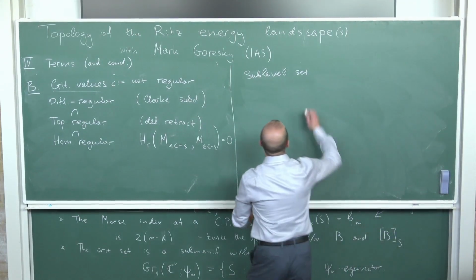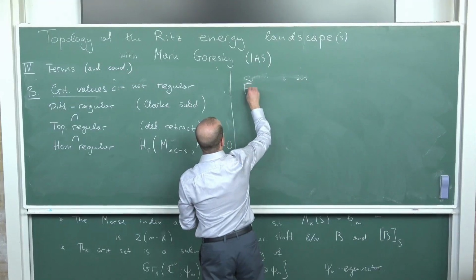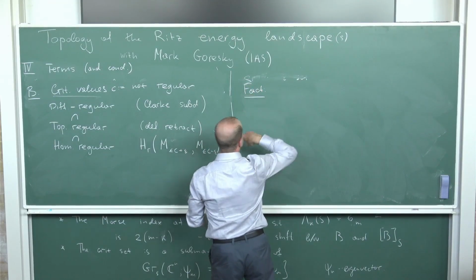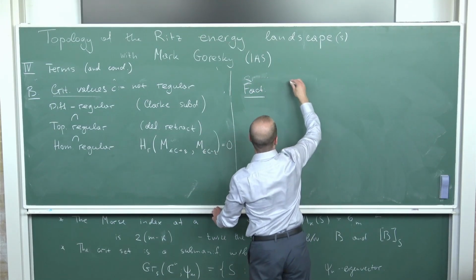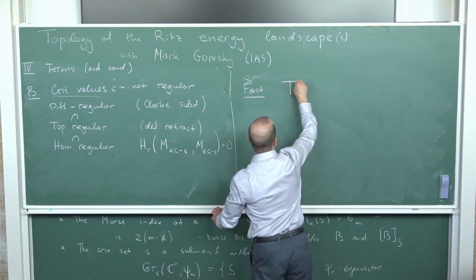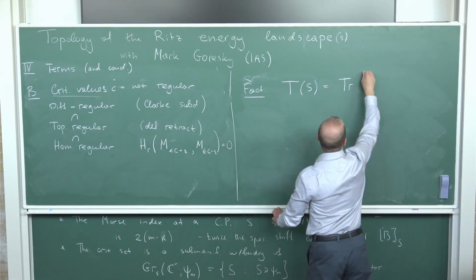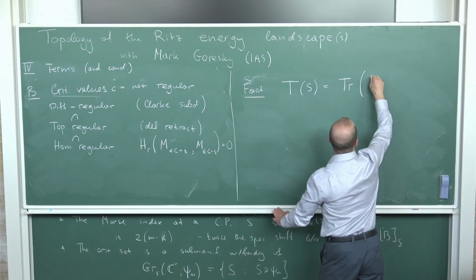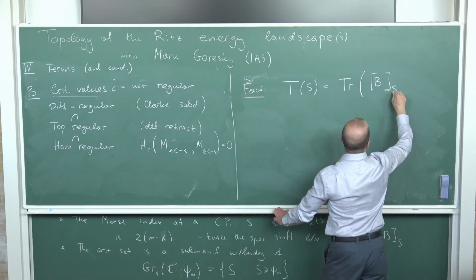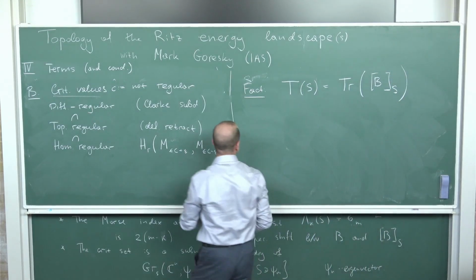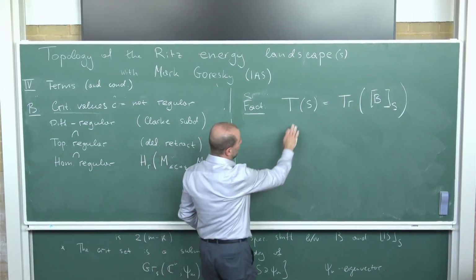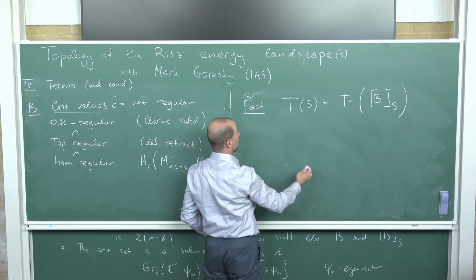So it is a fact that if we look at the trace, let's define the function Ts as the trace of this guy. Now, this function on the Grassmannian is actually smooth.